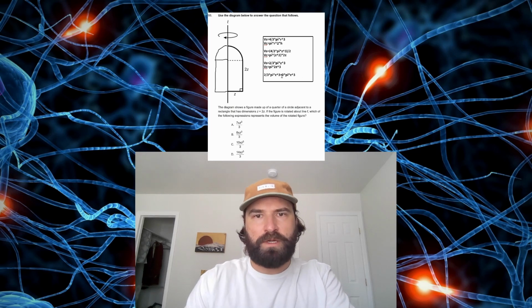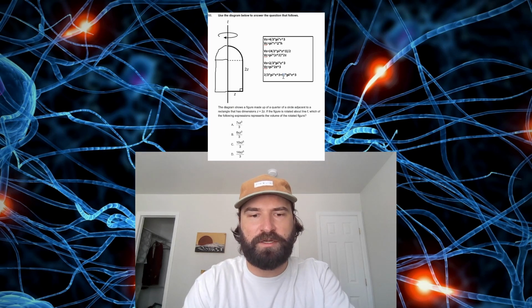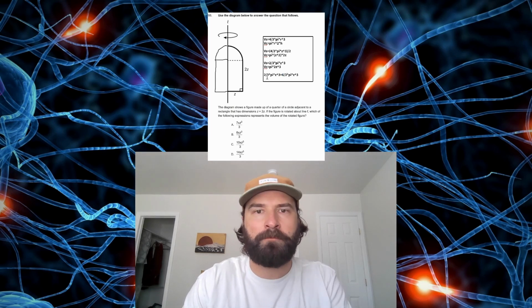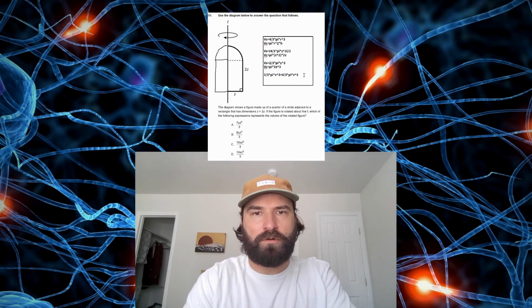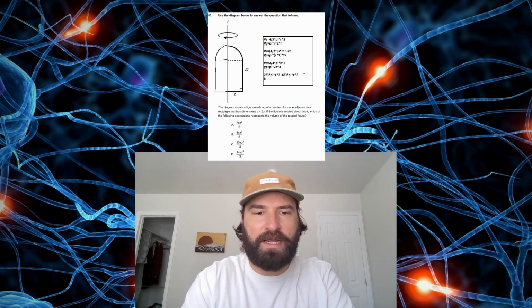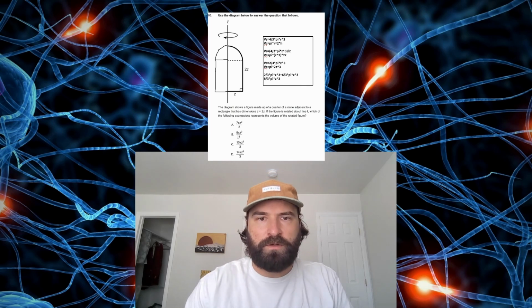If I turn 2 into a number represented by thirds, 2 is just 6/3. 6/3 is the same as 2, and that should allow us to add these 2 fractions. So our combined expression should be 8/3 times pi times z cubed, which is just another way of writing answer B.